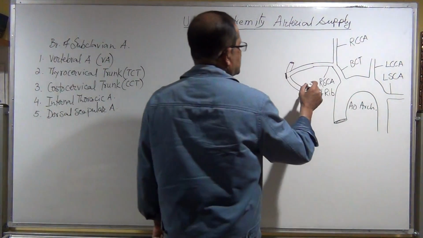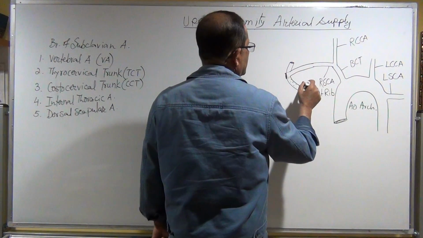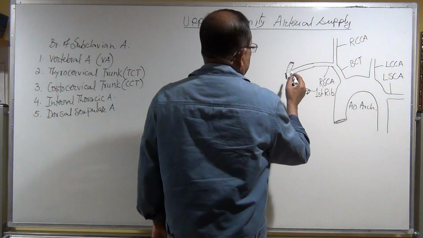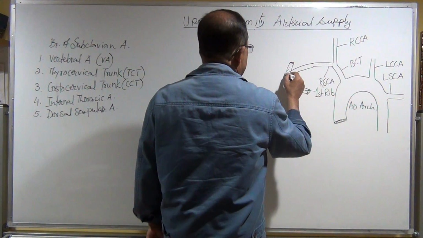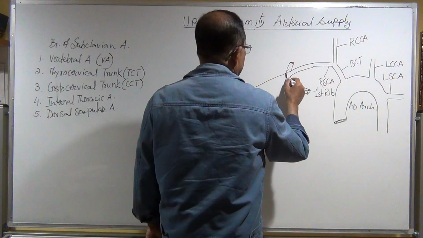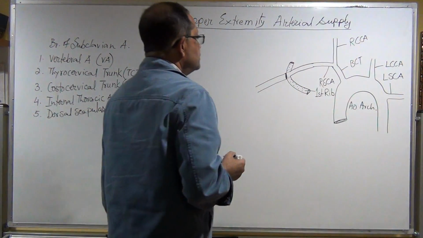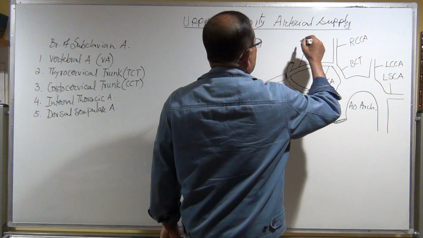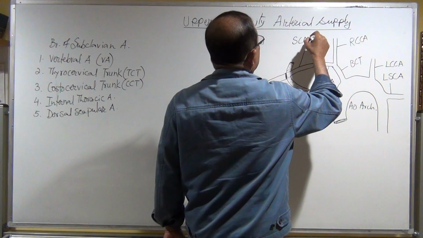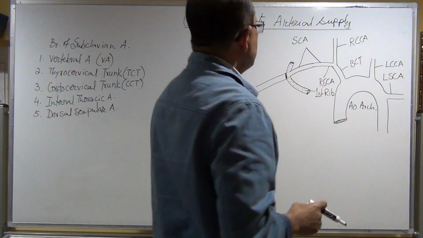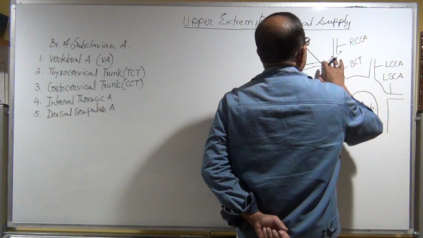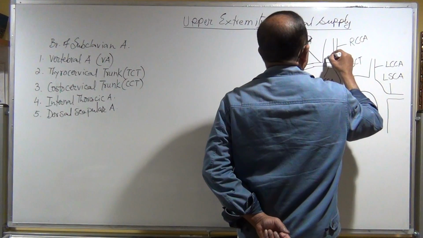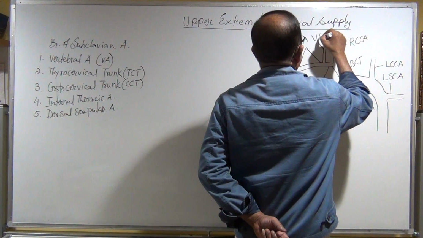So this is the first rib. And then its name is axillary artery. So this is the subclavian artery, and the subclavian artery has as the first branch the VA, vertebral artery.